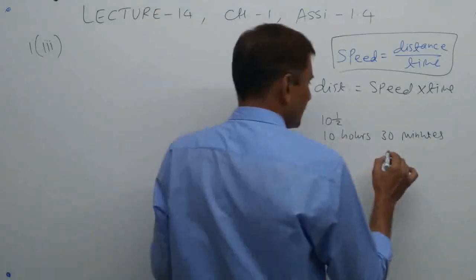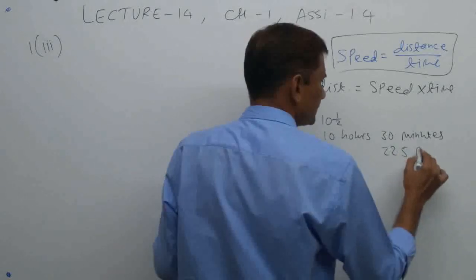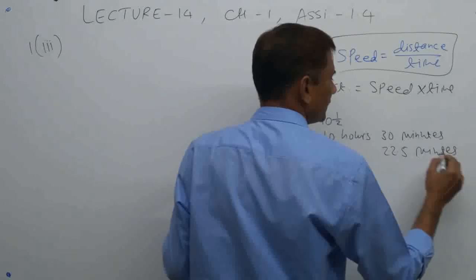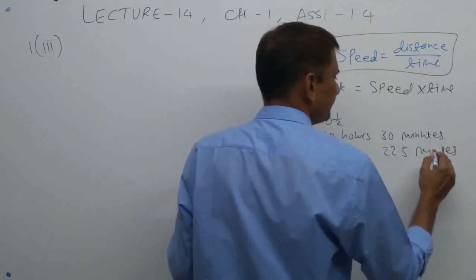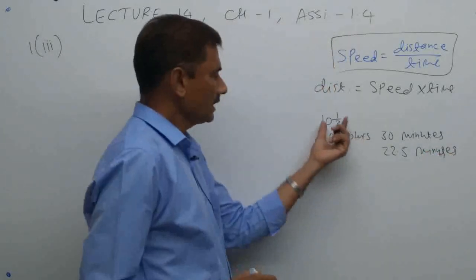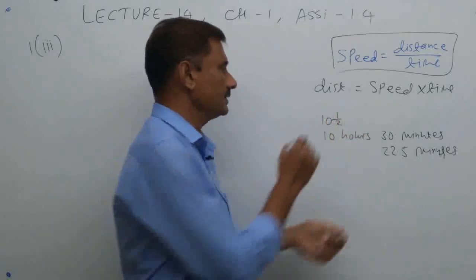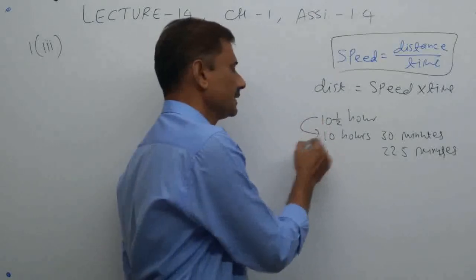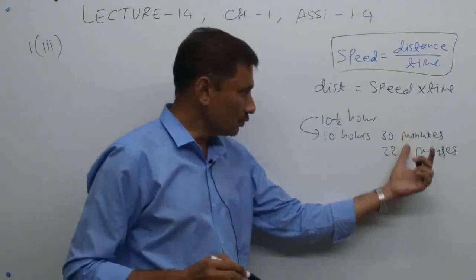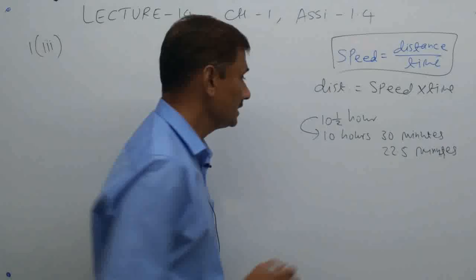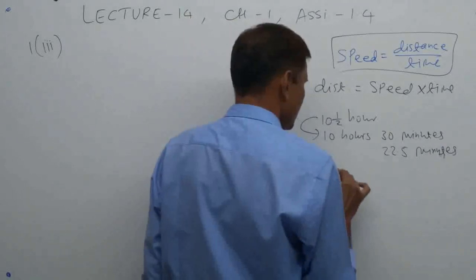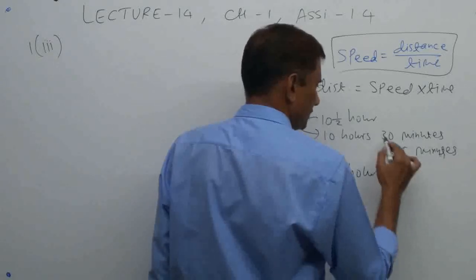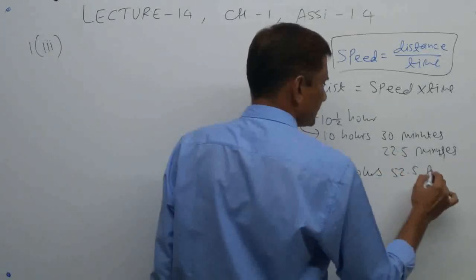So here 22.5 minutes more. Understood? 10 integer 1 by 2 hours given means it is basically 10 hours 30 minutes. Now extra minutes are added, so how many minutes in all do we get? So in total it will be 10 hours and 52.5 minutes.